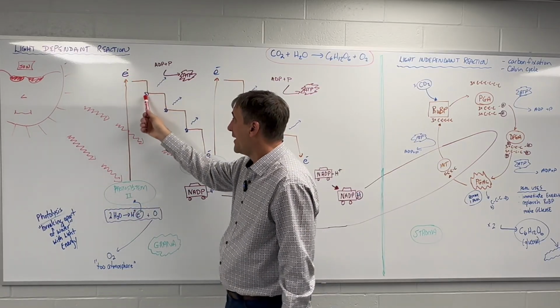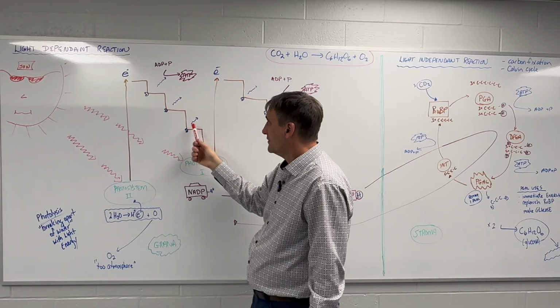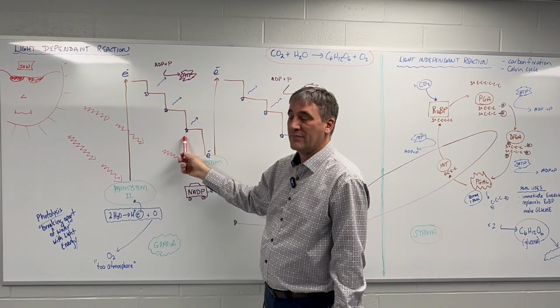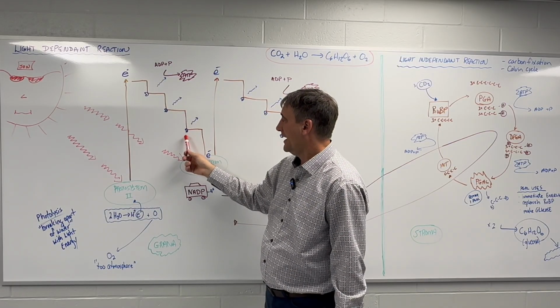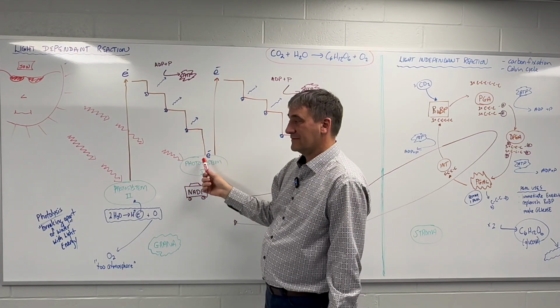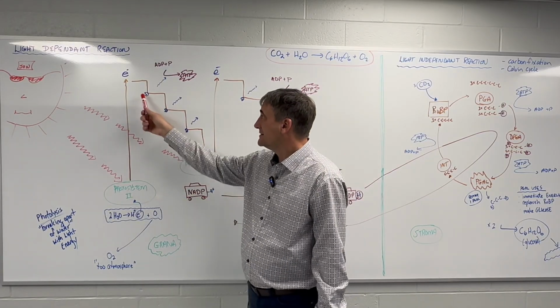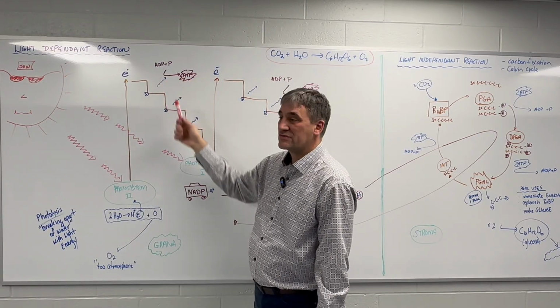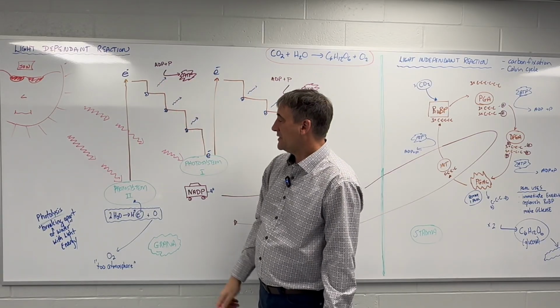And as they pass back down to a lower energy level, there are little intermediates that grab them, okay, and hold them temporarily and then release them. And as they get released, they release a little bit of energy which can be trapped as ATP.